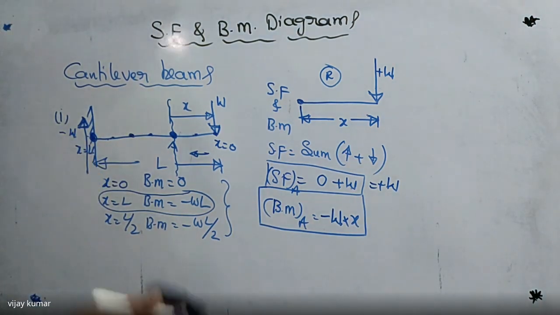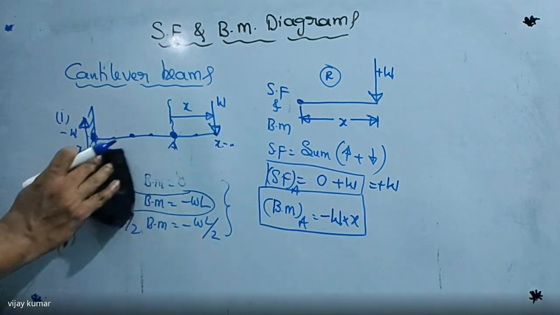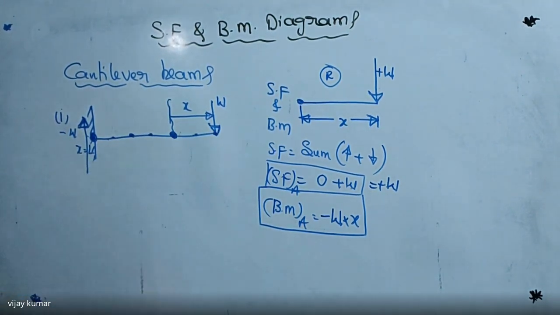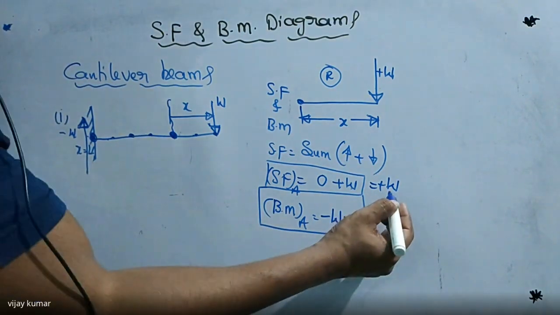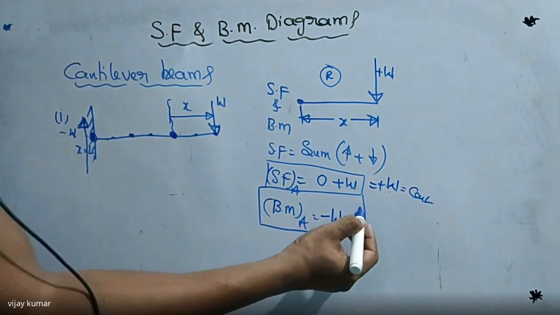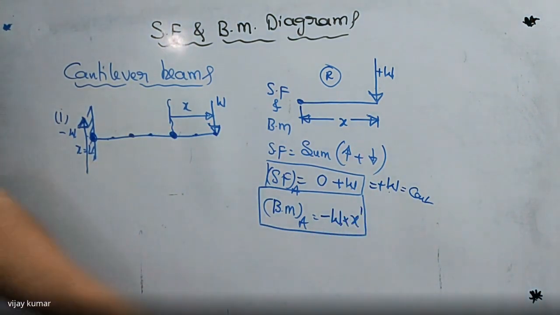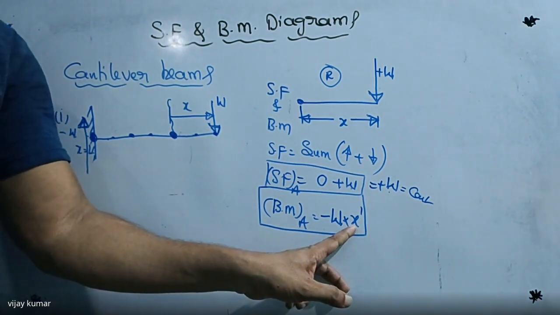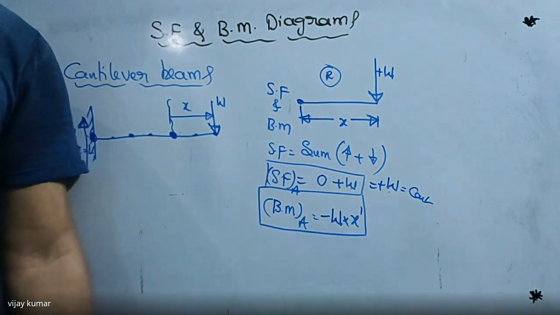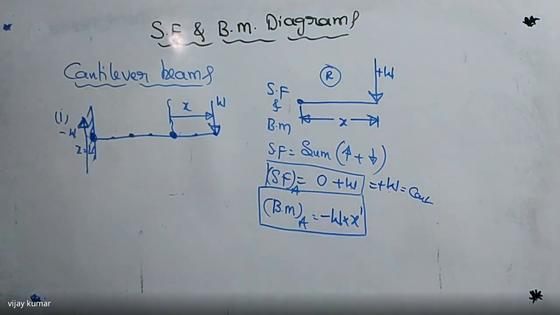Now I want to draw the shear force and bending moment diagram for this case. Listen carefully. What is the equation we have here? W, which means it is constant. But here x power 1 means x varies linearly. So the bending moment varies linearly, but the shear force is constant at every point.